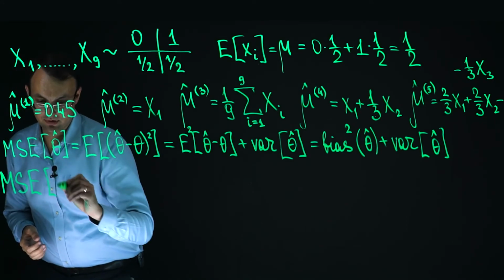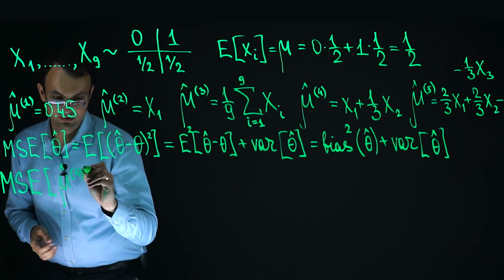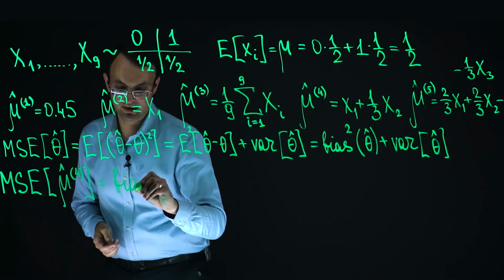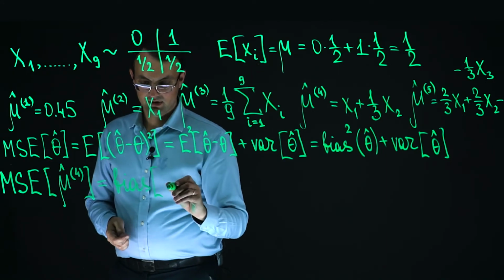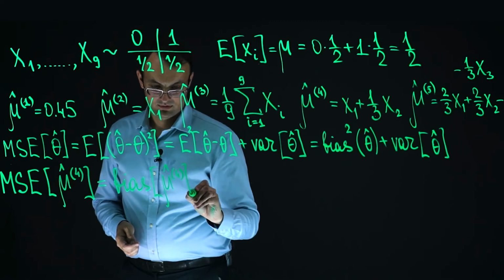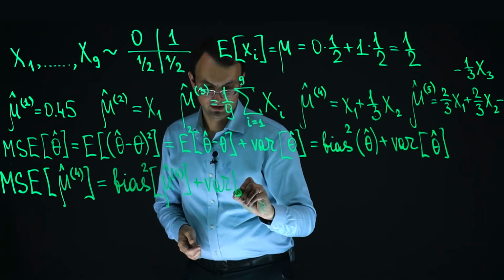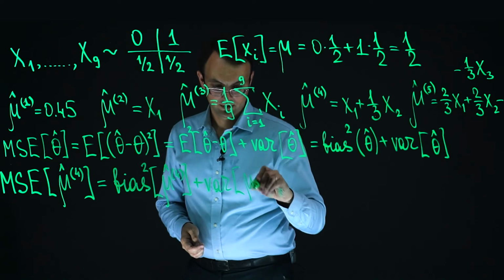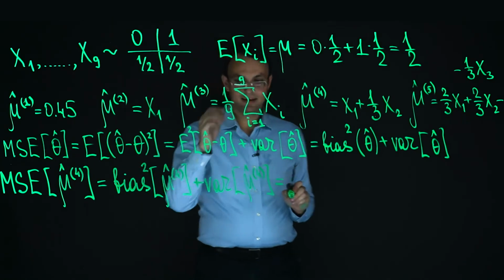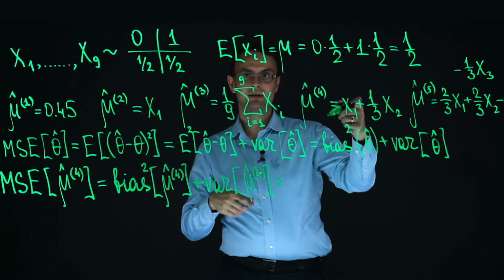Now the MSE of mu hat 4. It is a biased estimator, so it is the squared bias plus the variance. We know that the bias is the difference between the expected value of the estimator and the parameter.